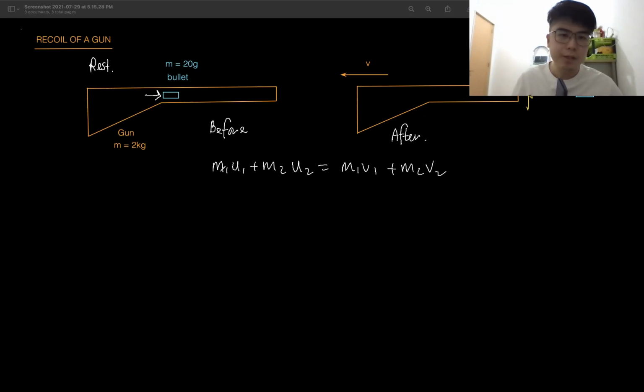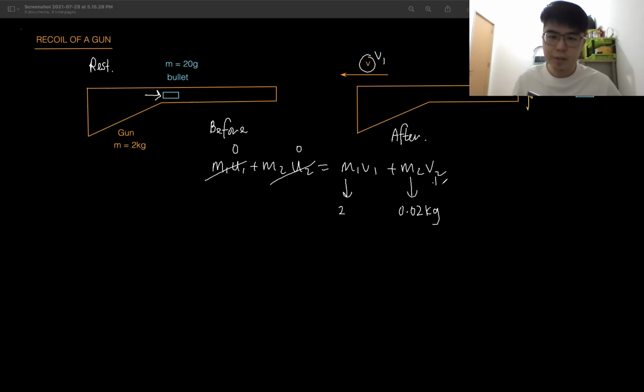Because all at rest. So this would be 0. This would be 0. v1 is the one that we want to find. m2, it's 20 gram, 0.02 kg.